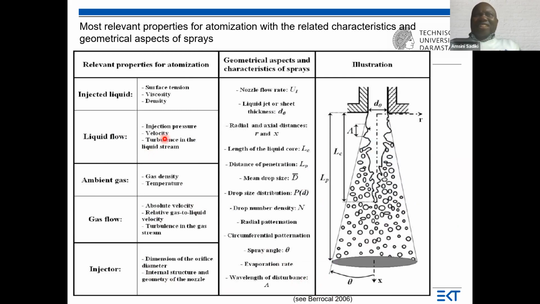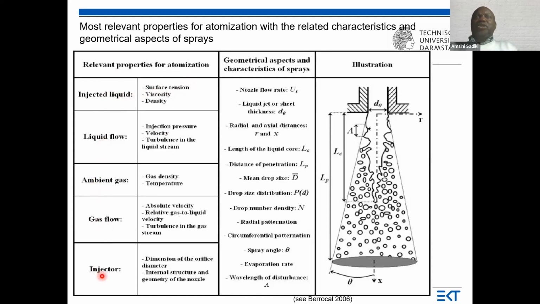Thank you. So let me now go through these quantities. So we have the relevant properties for atomization. We have the injected liquid. We have the liquid flow. We have the ambient gas, the gas flow, and the injector.